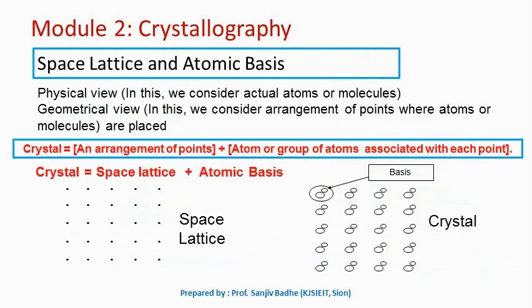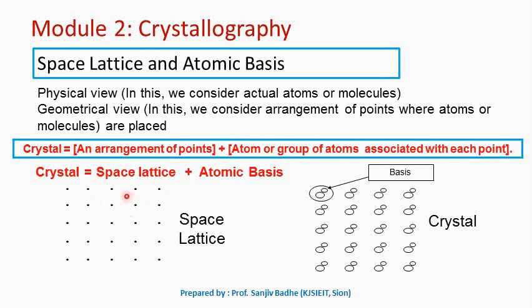We can look into the crystal by using a physical view, in which we can see the actual atoms or molecules, or we can look into the crystal using a geometrical view, in which the atoms or molecules are removed in imagination and we can consider only the arrangement of points.